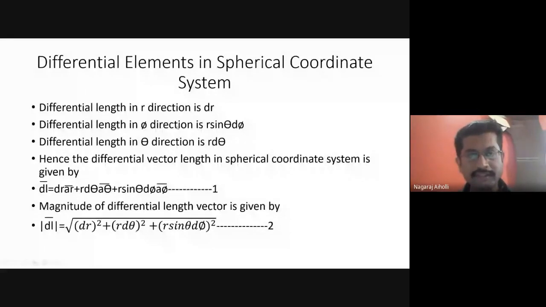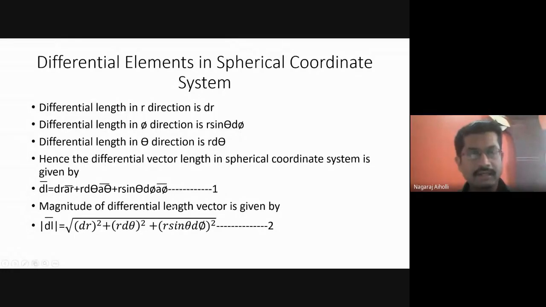Once we have found the differential lengths, the differential vector length in the spherical coordinate system is given by dl bar equal to dr a r bar plus r d theta a theta bar plus r sine theta d phi a phi bar. Take it as equation 1.